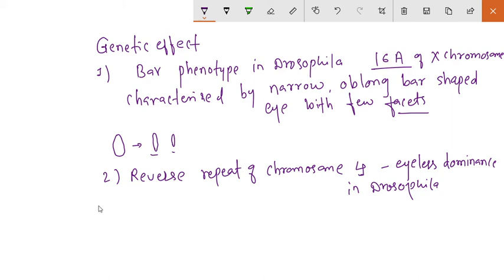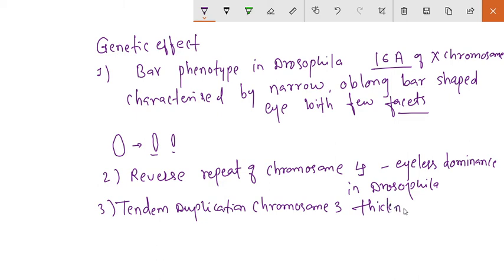Then in the human being the tandem duplication in chromosome 3, it causes the thickened veins. म्हणजे जे या ठिकाणी वेन्स जे असतात त्या खूप थिक असतात. ओके, जर टॅन्डम डुप्लिकेशन झालं क्रोमोझोम नंबर 3 मध्ये तर इट कॉजेस द कॉन्फ्लुएन्स. ओके, दॅट मीन्स रिझल्ट इनटू द थिकनिंग ऑफ द वेन्स.